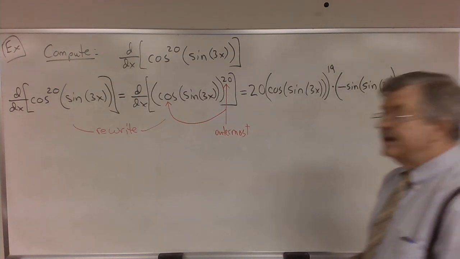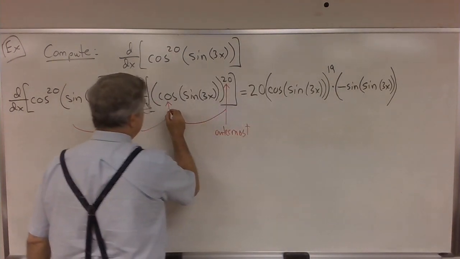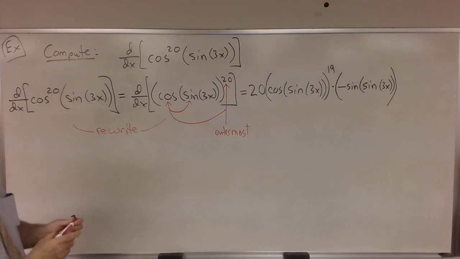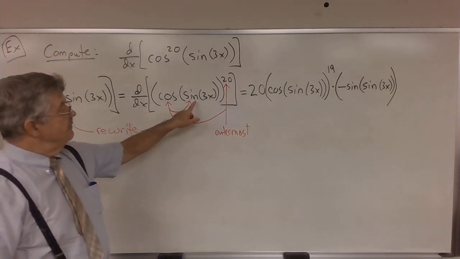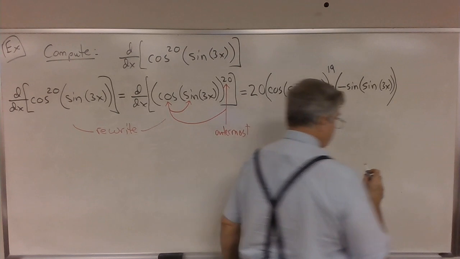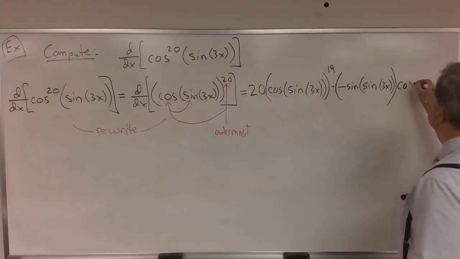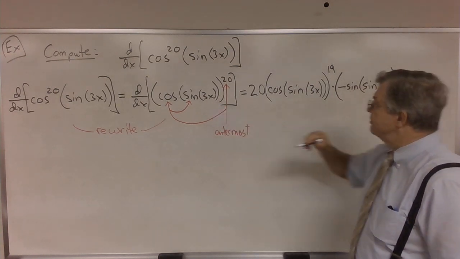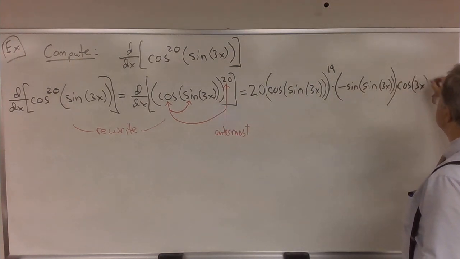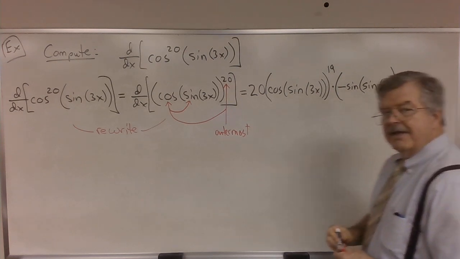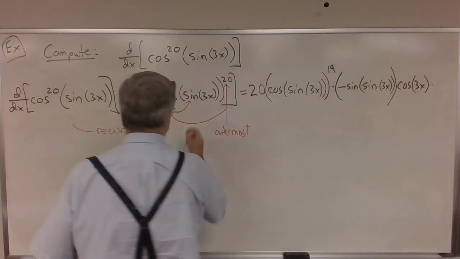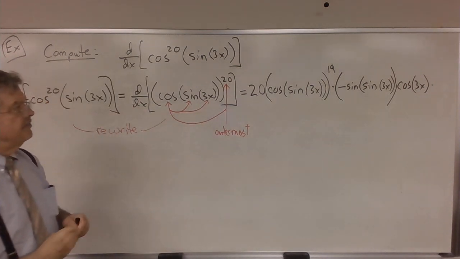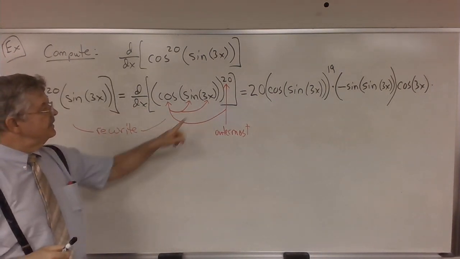And then we move in again, don't we? Move into the next outermost function, which is sine. And the derivative of sine of something is cosine, evaluated at everything inside, 3x. And then we keep on moving until we get to the innermost function. And the derivative of the innermost function is 3.